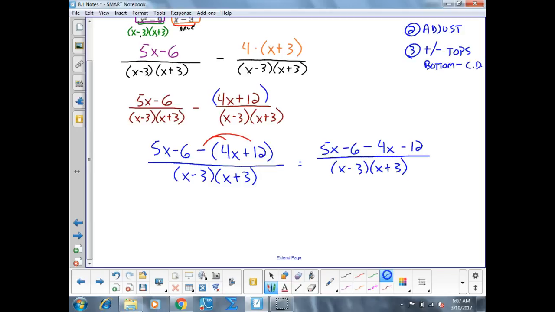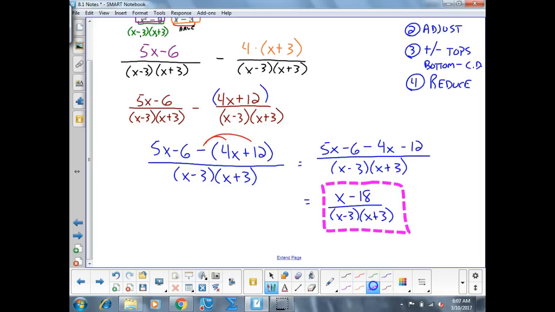Combining like terms on the top, that gives me x minus 18 all over x minus 3, x plus 3. Okay. And then we said yesterday, once we get there, then we reduce if possible. Well, nothing factors out of the top, so that is my answer. If nothing factors out of the top and you've got an addition sign or a subtraction sign, then you're good to go.